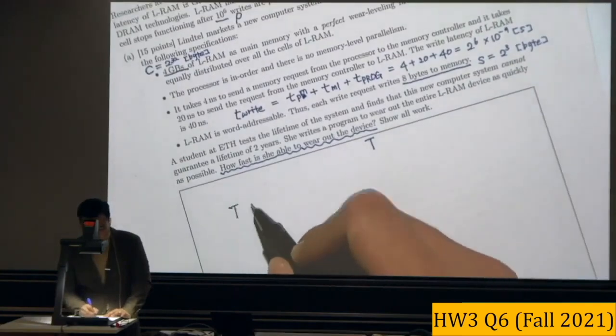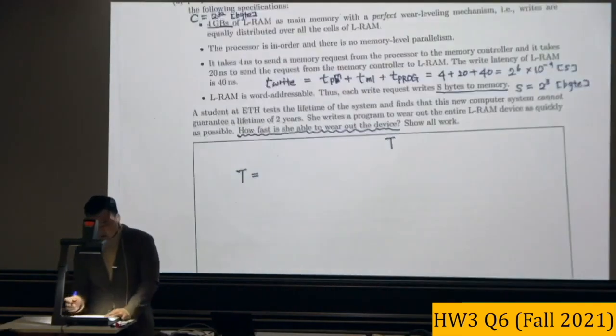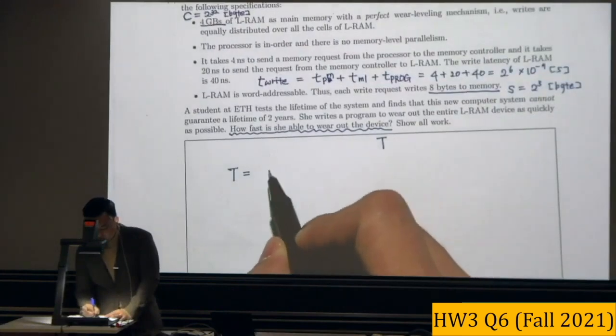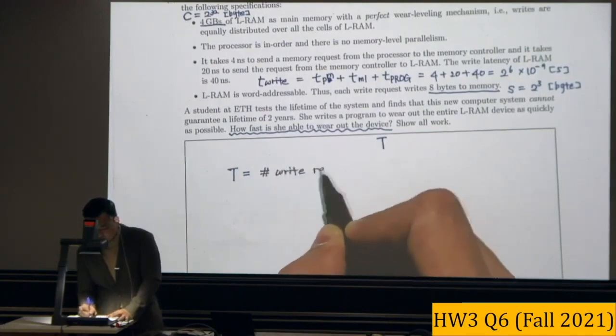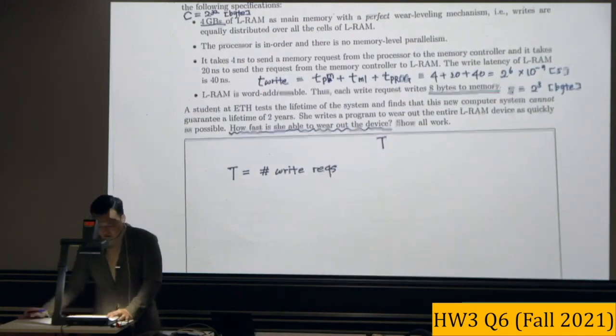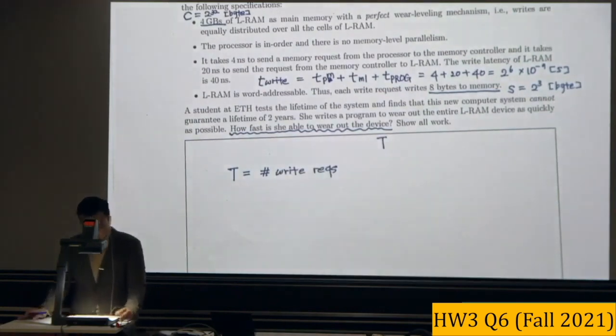So to calculate T, we can simply multiply the number of write requests necessary to wear out this entire LM device.